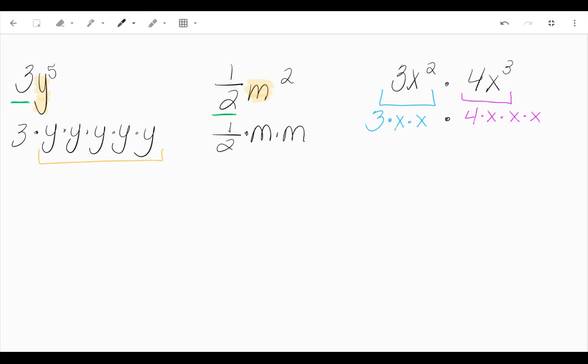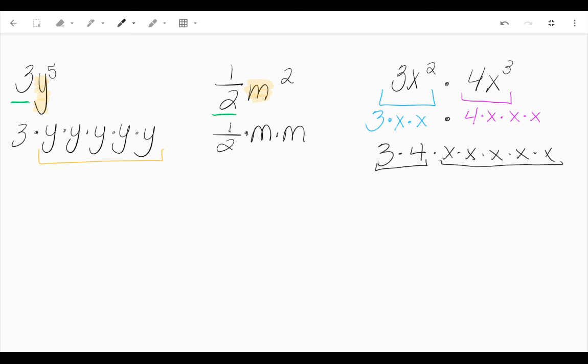So now I'm going to rearrange this a little, and I'm going to do 3 times 4, because I'm putting my coefficients together, and now I'm going to put my variables together. So times x times x times x times x times x. And I can simplify this a little.